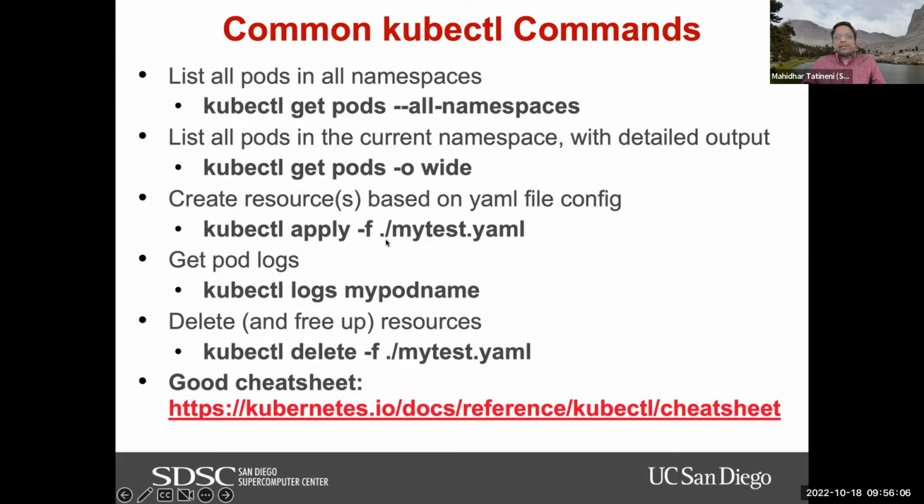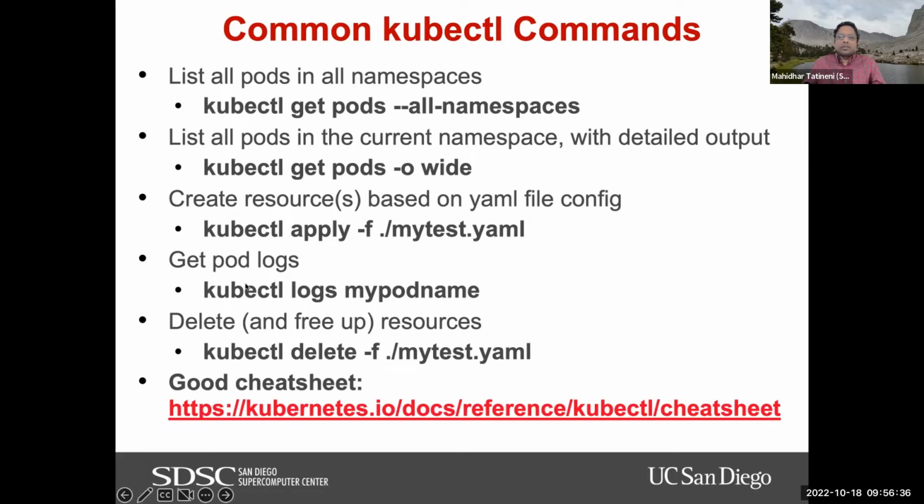If you have a YAML file, you can basically create a resource. It's the equivalent of submitting a job, but in this case, it creates this object. So you use kubectl apply. And when a pod is running or completed, if the pod is currently listed, you can get the logs for the pod. This is where all the output goes.